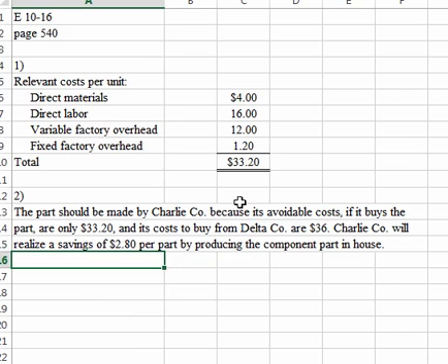And that's the difference in the $36 purchase price versus the $33 make in-house.